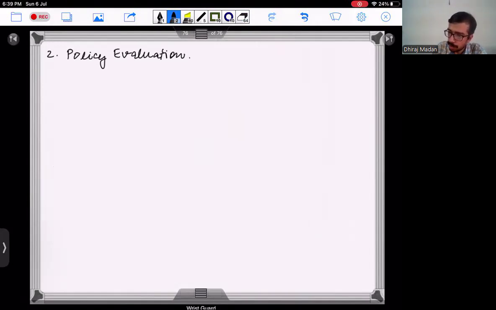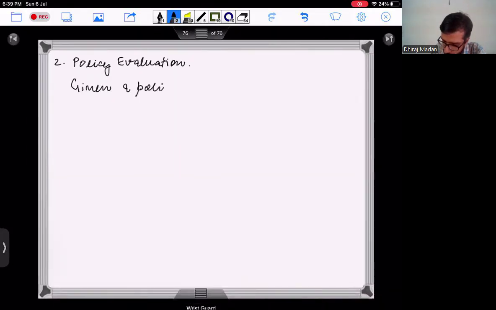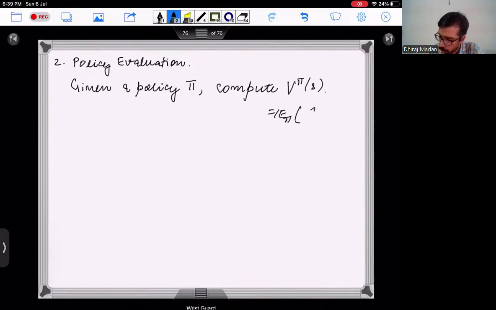So essentially, given a policy pi, one needs to compute V pi of S as the expectation over pi of the sum of R_t gamma to the power t, given that the initial state is S. So how do we do that?